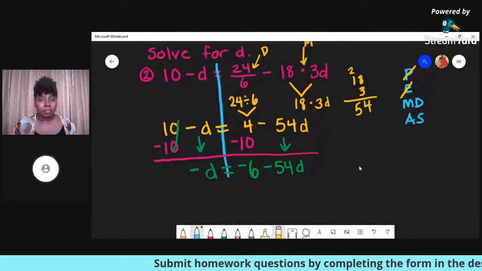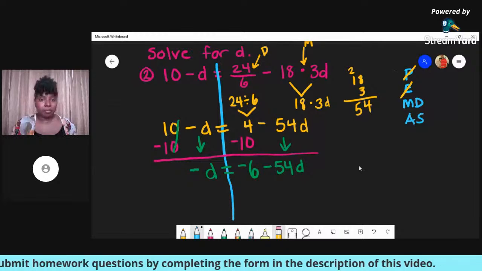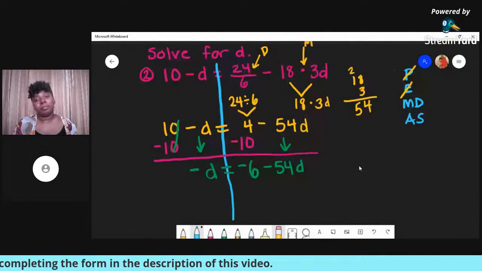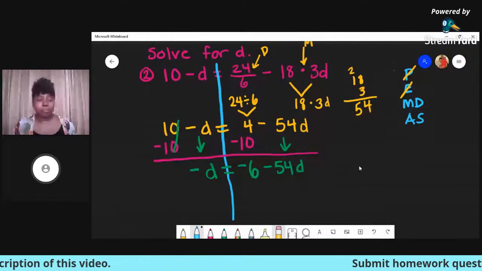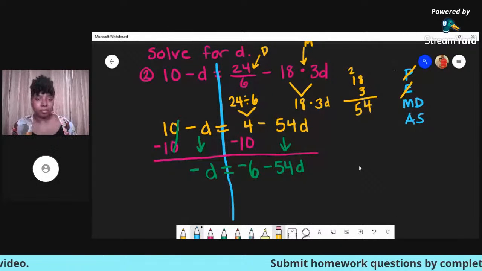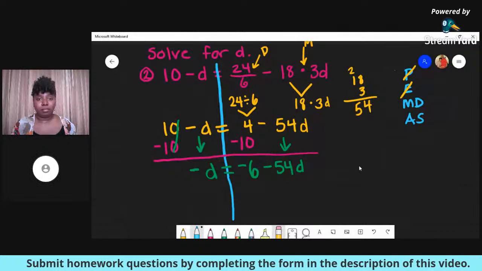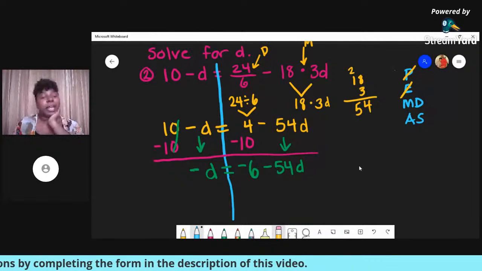We have the negative D on the one side, and we have negative 6 and negative 54D. We need to find out what D equals, right? Somehow I feel like we need to get rid of the 6 and the 54. Which one would help us?